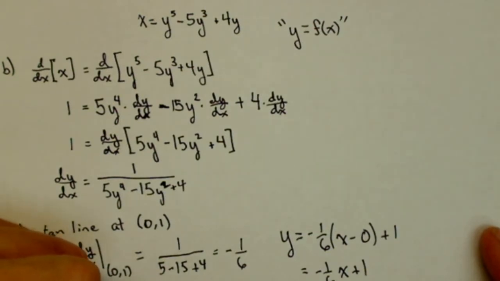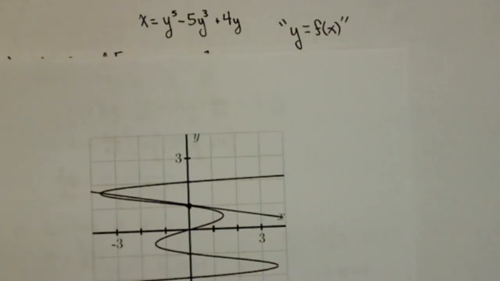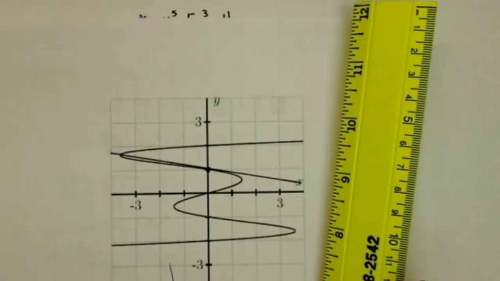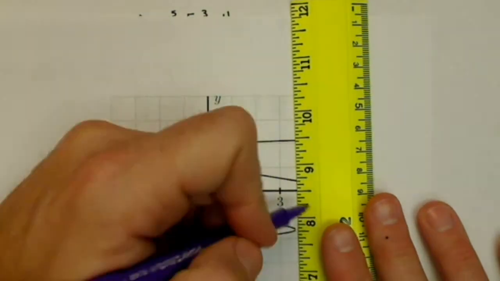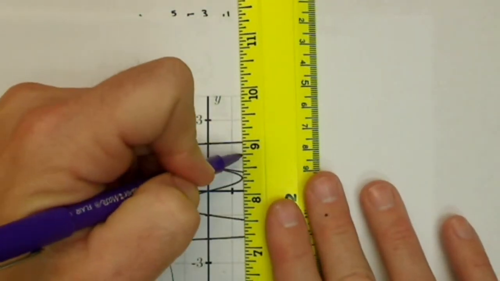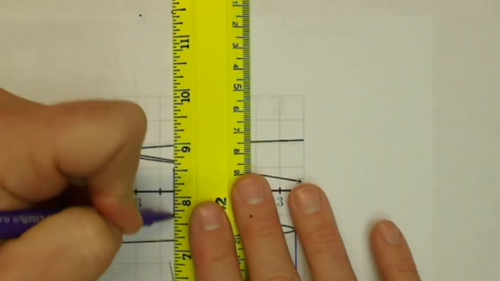There's going to be several. It means we have a vertical tangent. If we look at our graph, it's kind of the equivalent of a horizontal tangent. So all these turning points we would expect to have a vertical tangent and thus the slope be undefined.